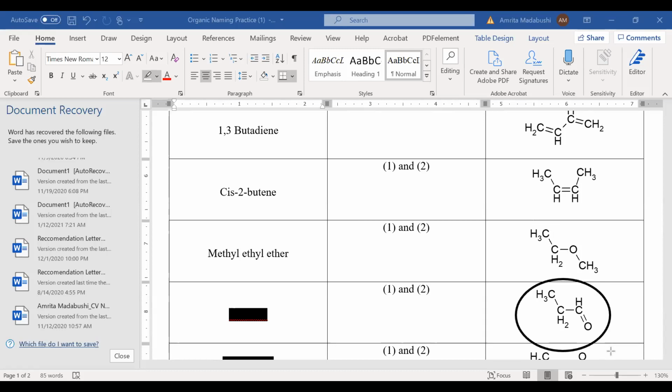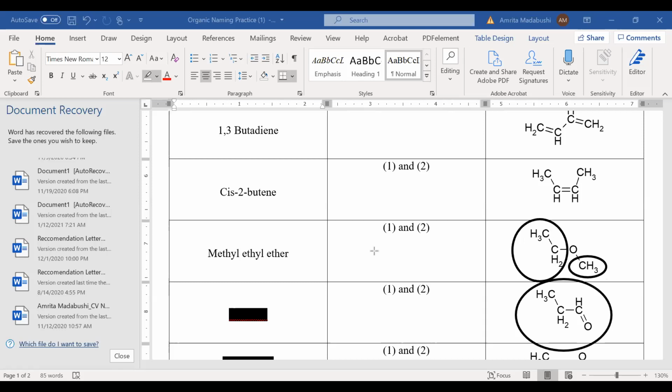Okay, let's do this one, guys. This is easy. Is it okay to refer to it as dimethyl ethyl ether? Not really, because methyl is only one side, and the second one is 2 carbons.